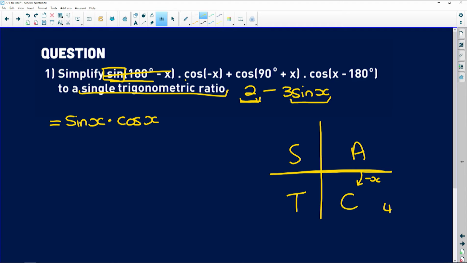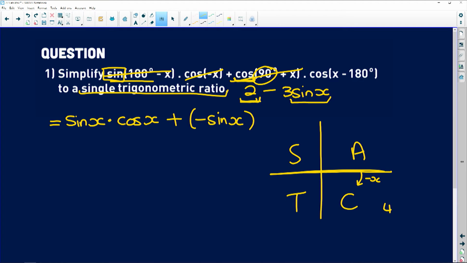Okay, second term done. So now, plus cos of 90 degrees plus x, okay, co-ratios, very, very important. Cos and sine, when they have a 90 attached to them, they swap to their co-ratio. So 90 degrees plus x is going to give me negative sine of x, which is very important, okay. That's that term taken care of.